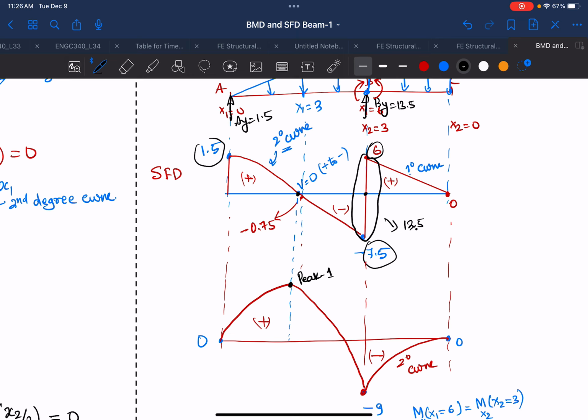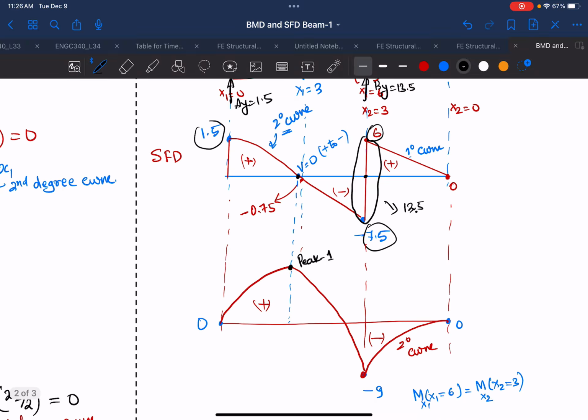You can see that the shear force changes from negative to positive if you are looking from left to right, or from positive to negative if you are looking from right to left. So this is your peak 2. Okay, so that's how we know the peak in your bending moment diagram.